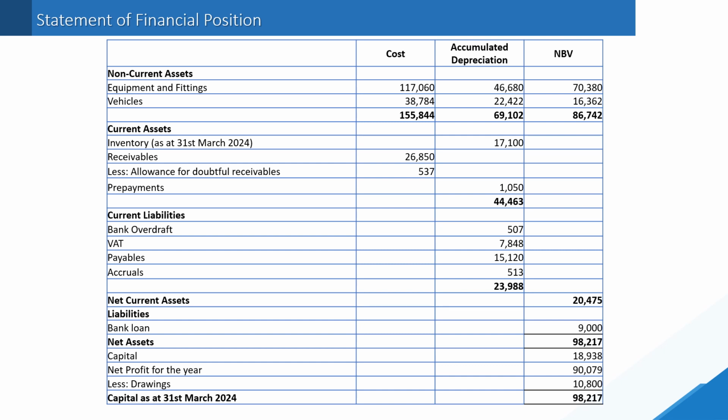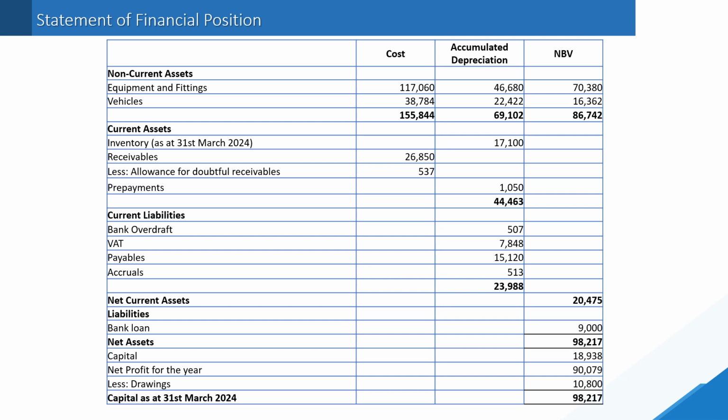The net assets of the business is in essence showing the amount by which our total assets exceed our liabilities. And sometimes that's often referred to as net worth, how much that business is valued at. Now we can see that a significant contributing factor into that calculation is indeed the non-current asset at its net book value.